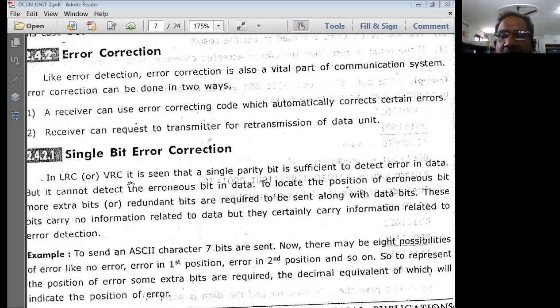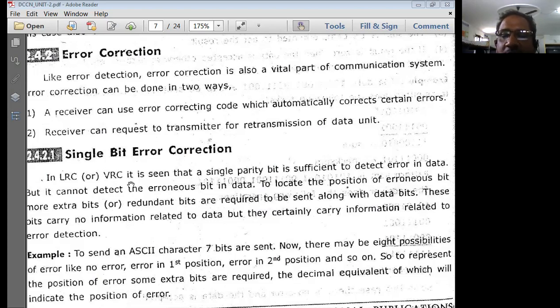If this correction method is not there, what is the problem that is going to happen? The shared medium is normally going to become overloaded, and therefore the throughput of the shared medium is simply going to diminish. So to protect or improve the throughput of the shared medium, error correction can be done at the receiver.